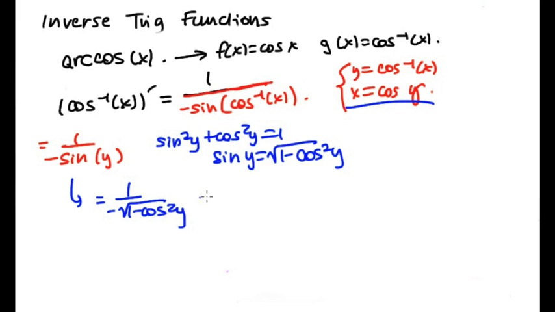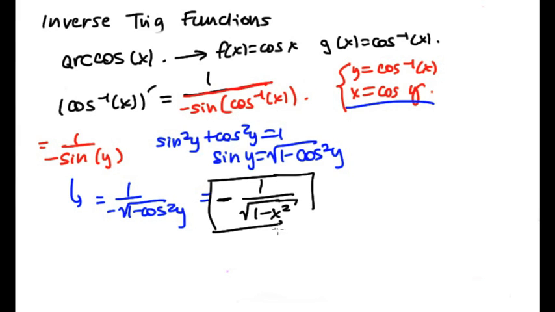Well, that's just x. So this becomes, and this is going to be our final derivative, negative 1 over the square root of 1 minus x squared. And that is our derivative. Notice how it's very similar to the derivative of inverse sine. That was positive 1 over the square root of 1 minus x squared, and cosine is the same thing, but just with a negative.